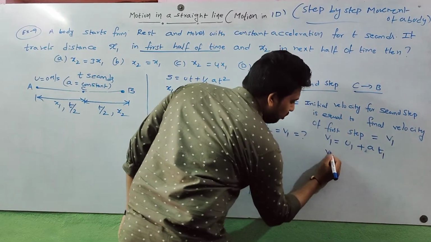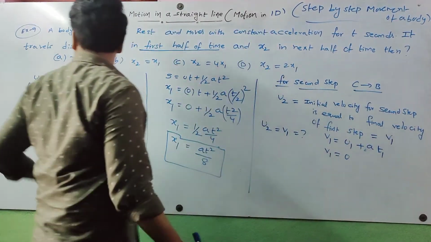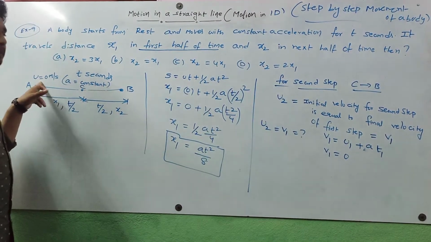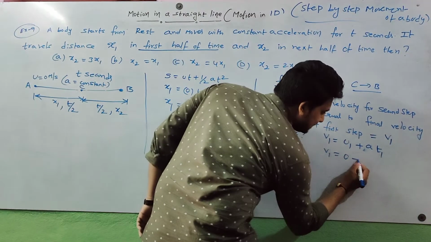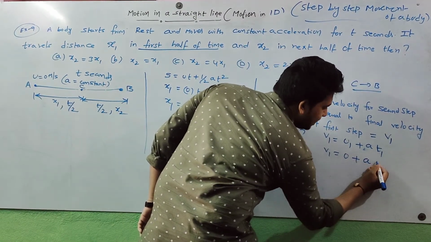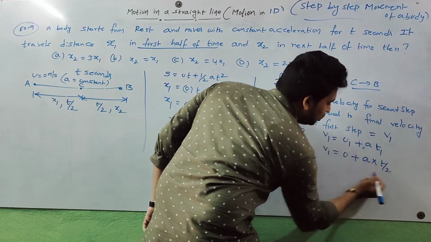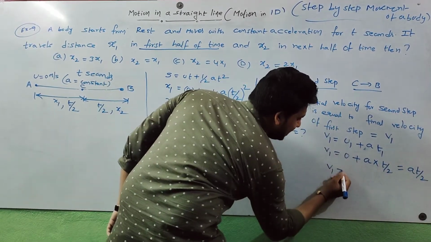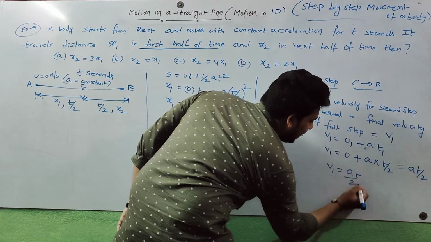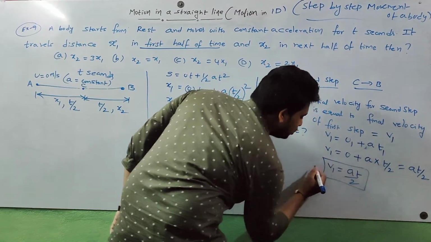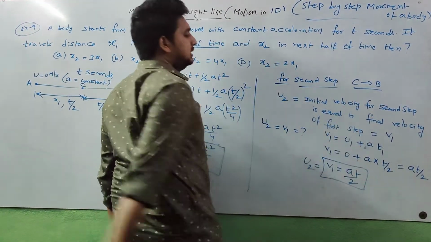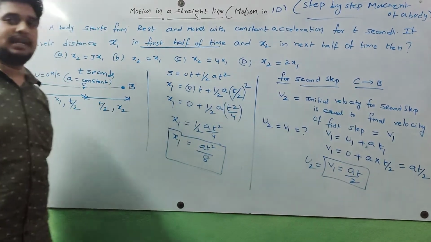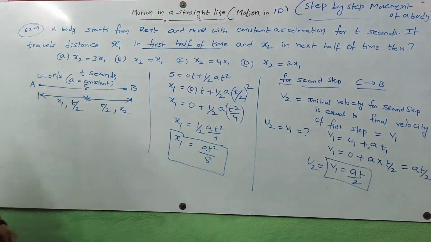For the first step, the initial velocity u1 is 0 meter per second. So 0 plus acceleration a, time t by 2. So v1 is equal to a t by 2. This is also equal to the initial velocity for the second step, which we got as a t by 2.